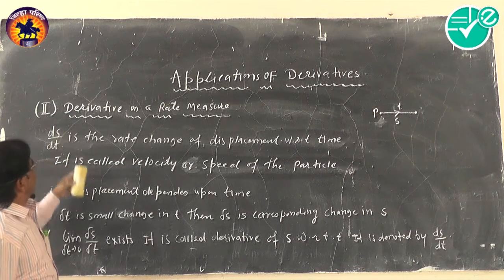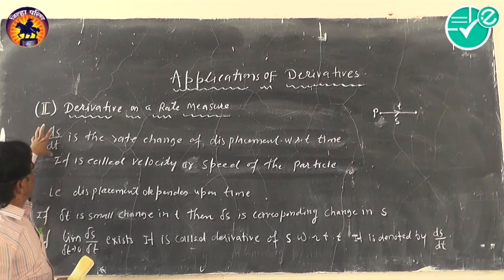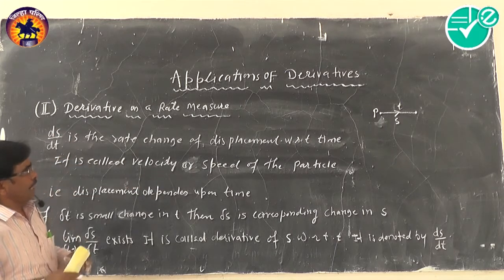That is, ds by dt, the rate of change of displacement with respect to time, is called the velocity or speed of the particle.